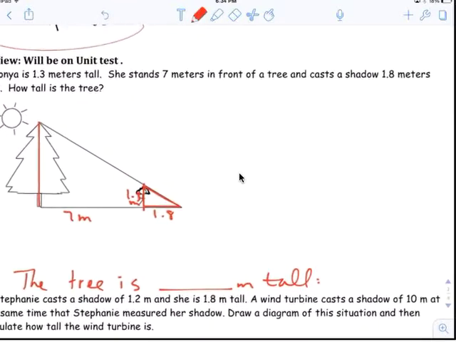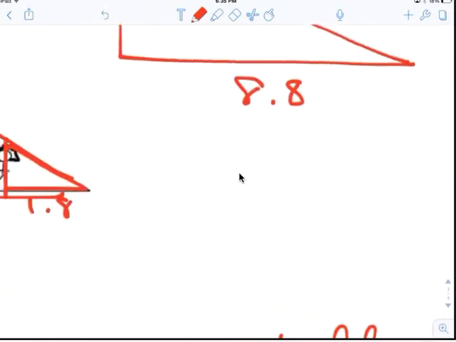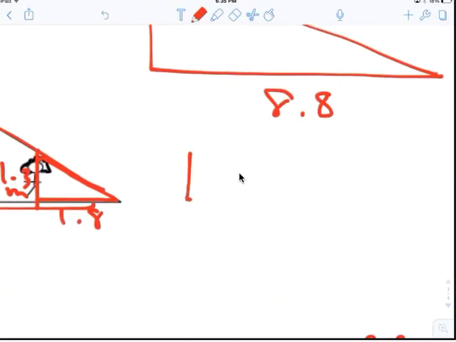Okay, so you can do a proportion, the first tree to the end, so this first line like that. So that's 8.8 right there, and that's all we know about the big shape. And Tanya, on the other hand, you can do a little Tanya here: 1.3 and 1.8.